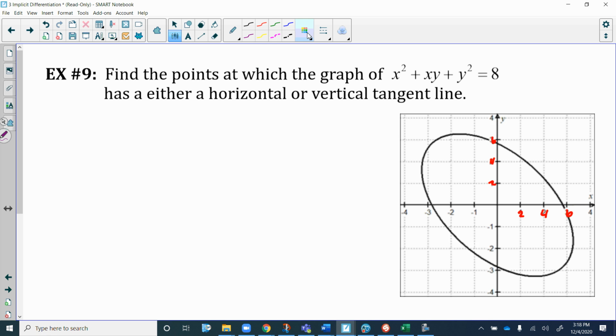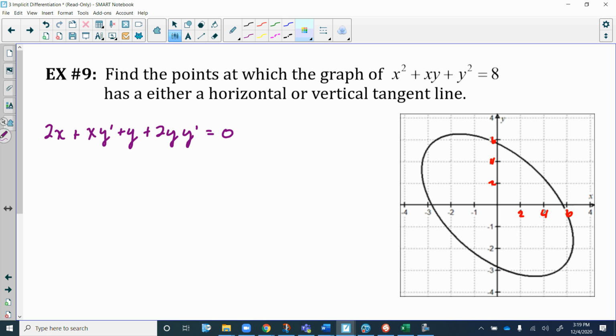The function that we have, if I start taking the derivative of it, I'm going to get 2x plus xy prime plus y for the product rule of xy, plus 2y y prime for the chain rule of the y squared, is equal to 0 because the derivative of the constant is 0.